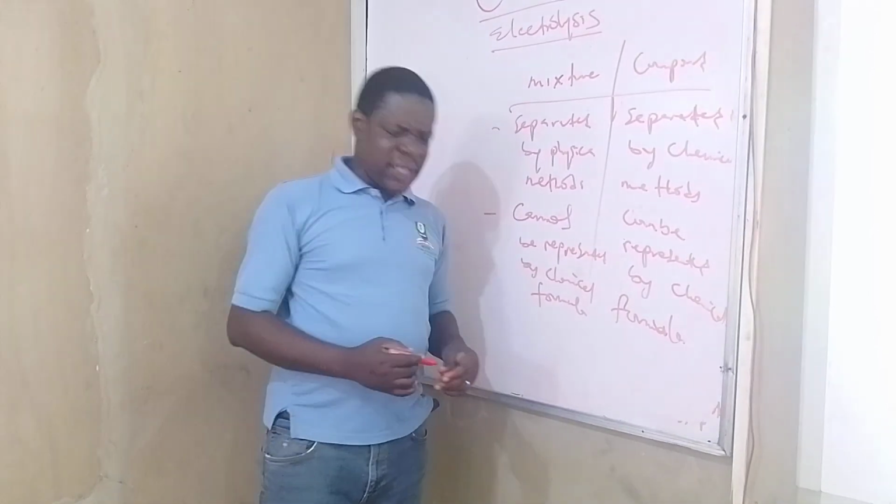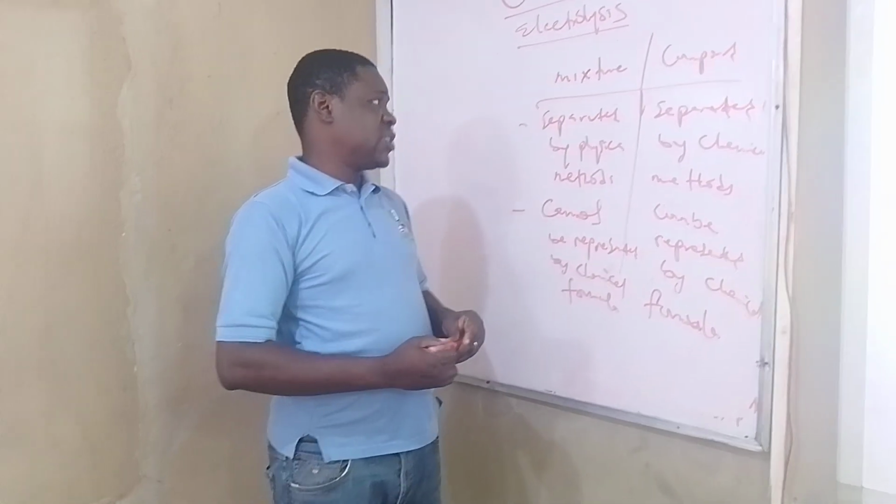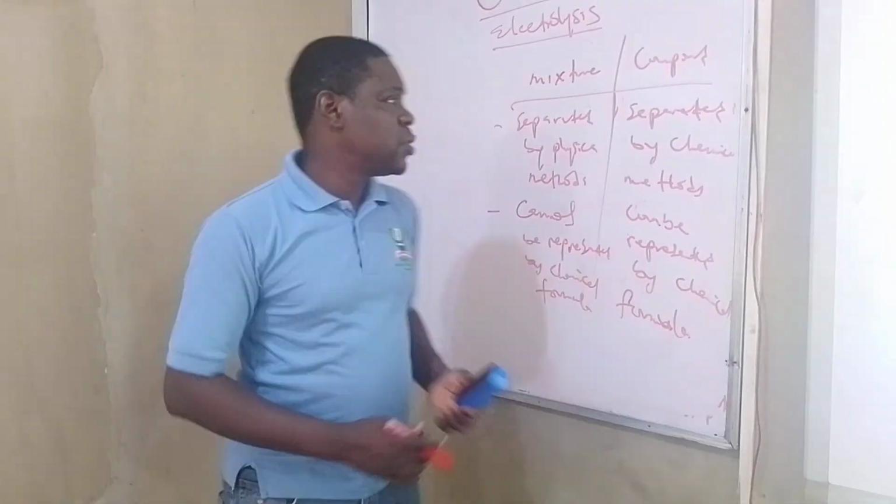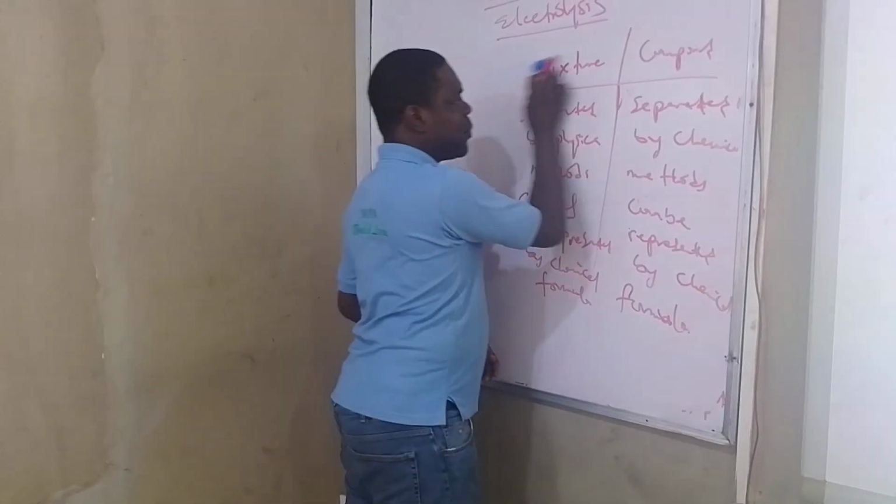So we have many, four to five differences. Mixtures can be separated by physical methods, compounds by chemical methods.